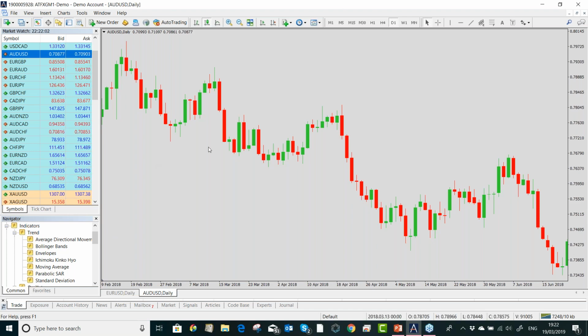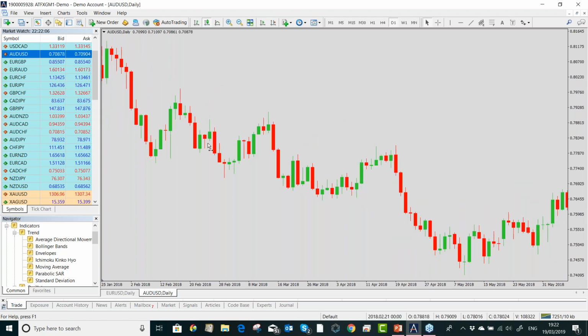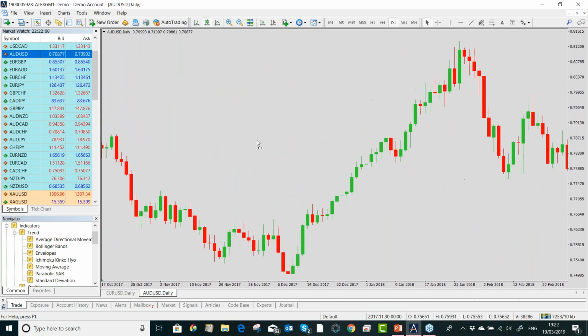Okay, so some of you are not familiar with candlestick patterns. It's going to be very difficult to get to the end of the session today and explain absolutely everything about all the concepts that I'm going to go through. I could honestly talk for probably 2 hours about candlestick patterns.